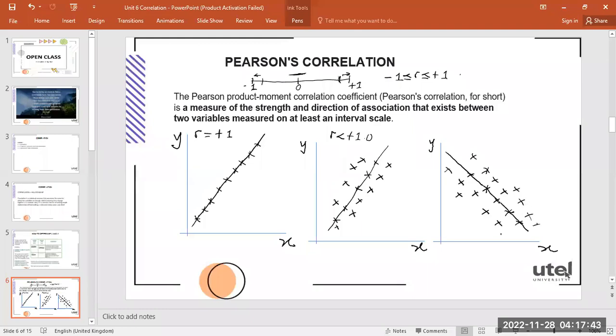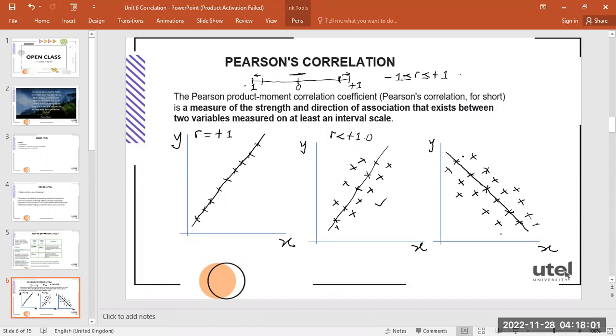Now you can see that this very particular straight line graph is the opposite of this that I've just highlighted. You can see here the relationship is negative and indirect, and it's also non-perfect.